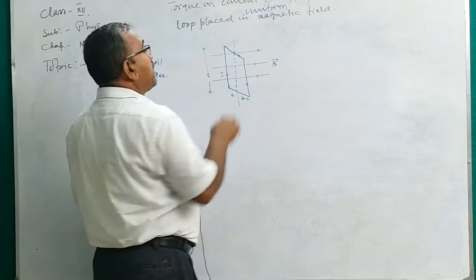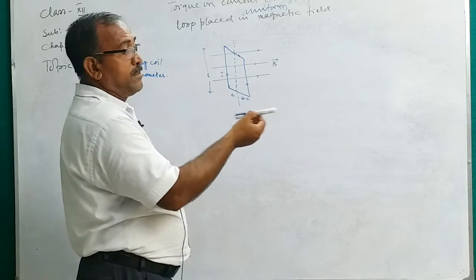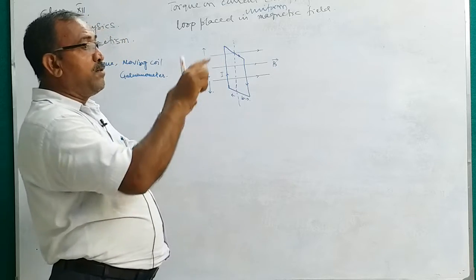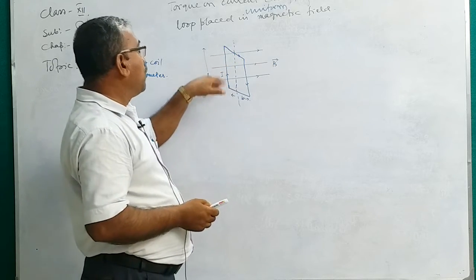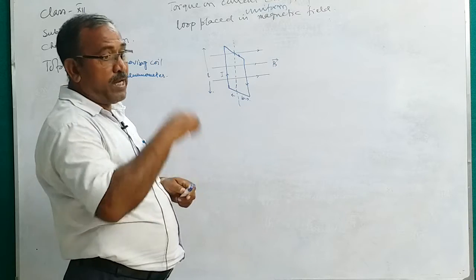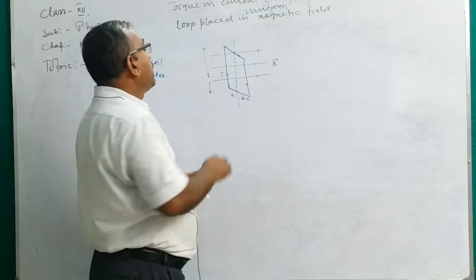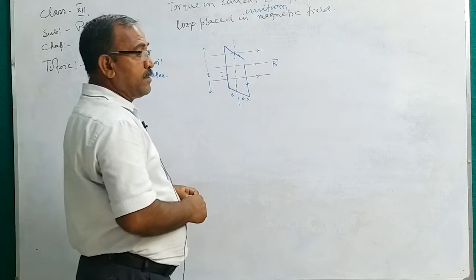So you consider the direction of the field is this. A rectangular loop, meaning a coil, is here, and the direction of the current is this.